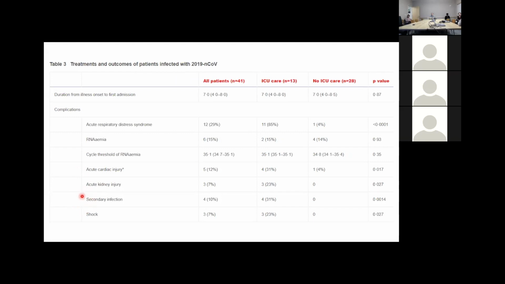And this is also interesting. So fairly low rates of secondary infection compared to influenza viral patients. And then again, shock, sepsis is a complication of these patients.